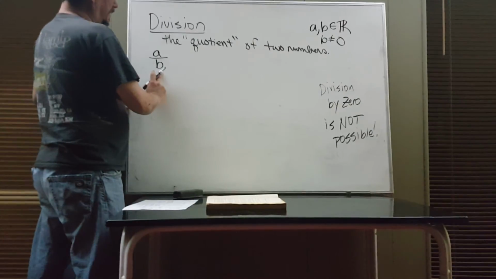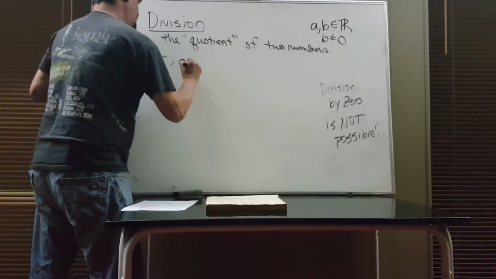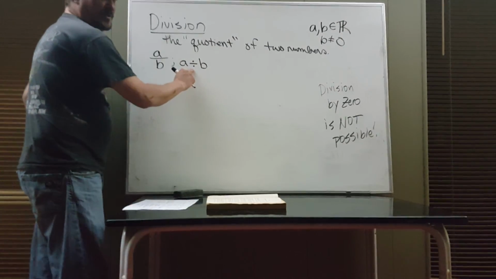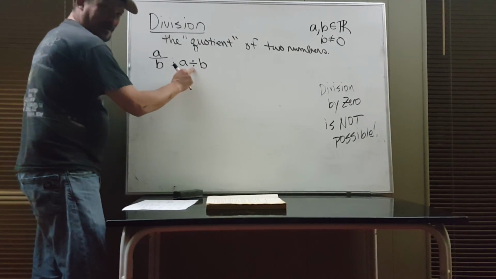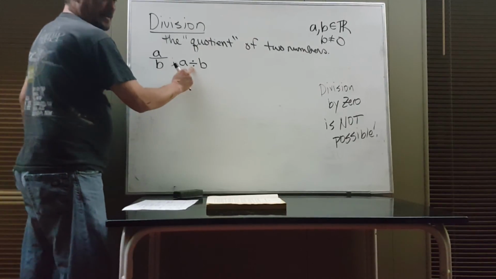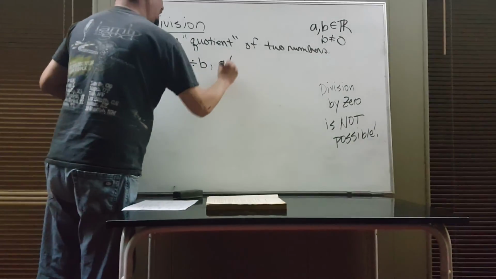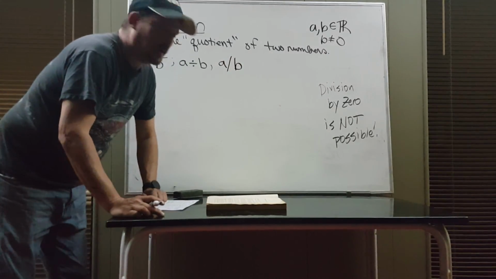This is A divided by B. And it took me a while to really understand where this symbol comes from. This symbol is like a mini fraction. This is also division. This is commonly used more than this, but this notation is used. And A/B is also used to denote division.